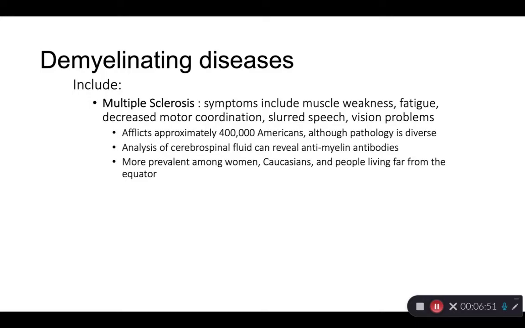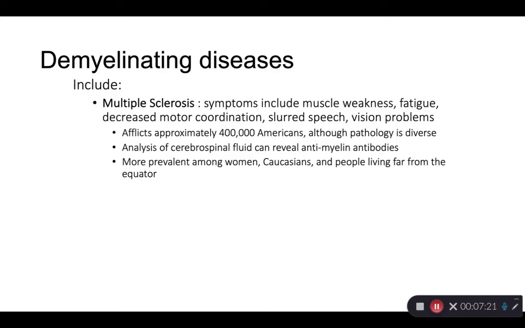And I think the most interesting one, to me at least anyway, is that people who live farther from the equator are at pretty drastically increased risk of multiple sclerosis as opposed to people who live close to the equator. And the most prominent hypothesis to explain this weird geographic distribution of multiple sclerosis is that it has something to do with vitamin D. So vitamin D, as you might recall, is produced in response to sunlight on the skin.